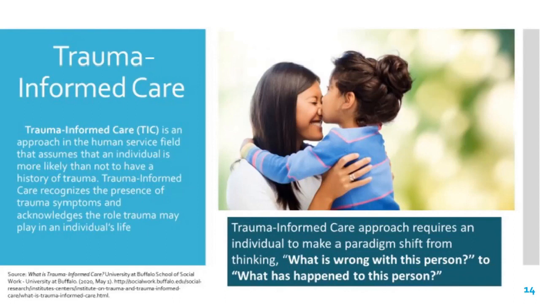So as we've talked about these different ways to use a trauma-informed care approach, you can see the value of looking at a child and saying, what is wrong with her or him today? And ask yourself, what might have happened to this child that's making them act differently?